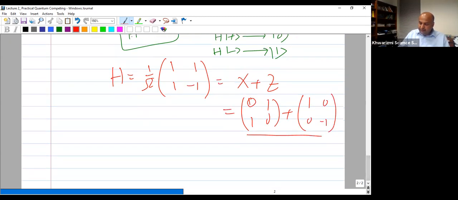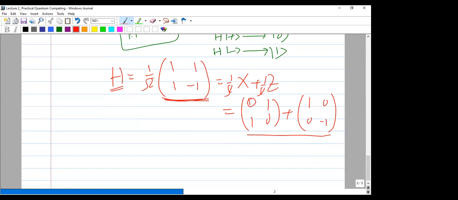If I add both of these, I get this matrix, and of course we multiply with 1 over root 2. So we can quickly see that the Hadamard gate can be simulated as a sum of X and Z gates.